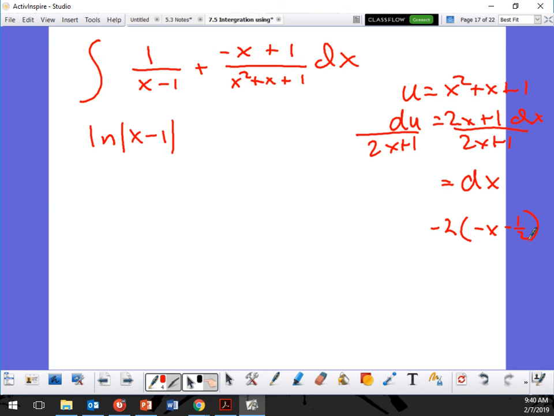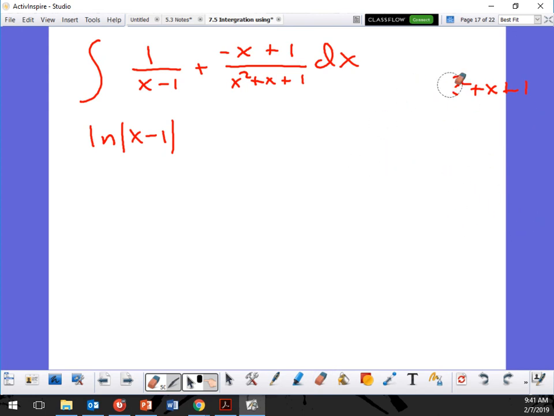It was supposed to work perfectly, but it does not. Yeah, it's a u, but it's not this u. They use an interesting u on this one. They completed the square.